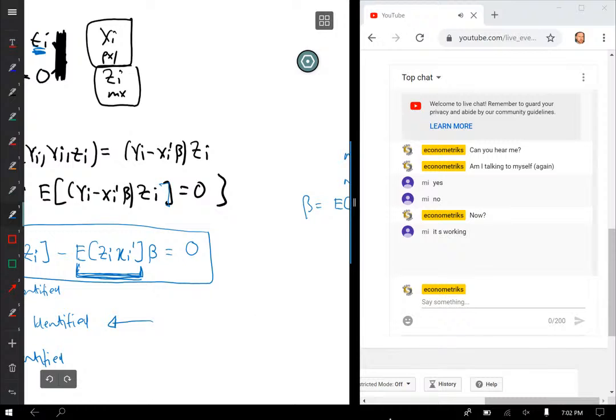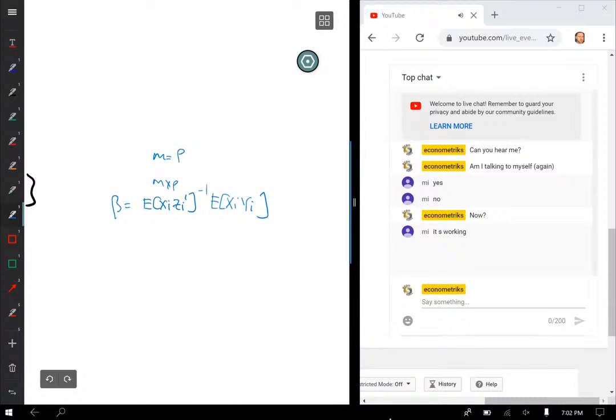Let's give an example then, where let's just say we have one instrument and one regressor x. Well, sorry. Let's do a two moment one.